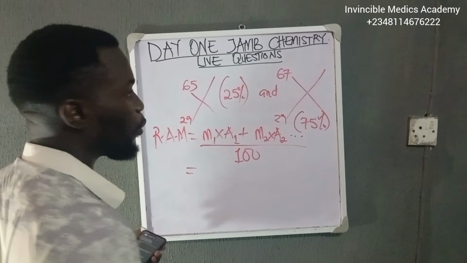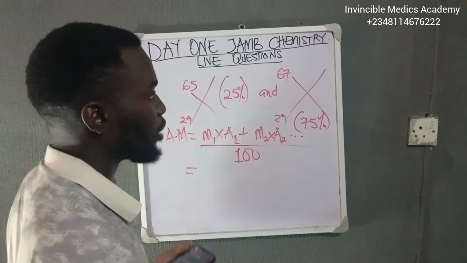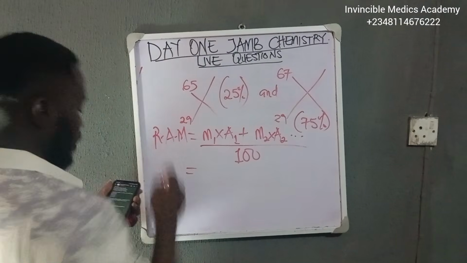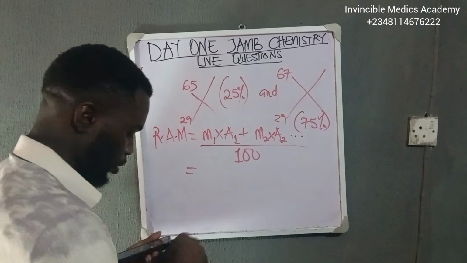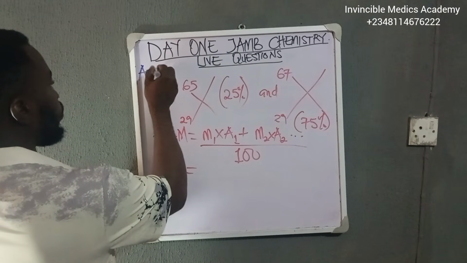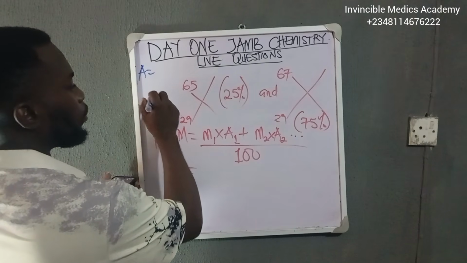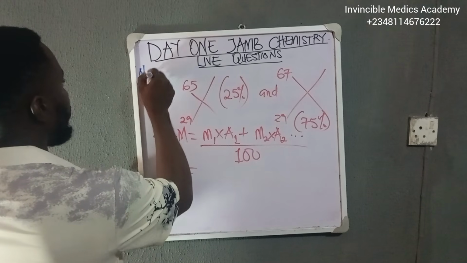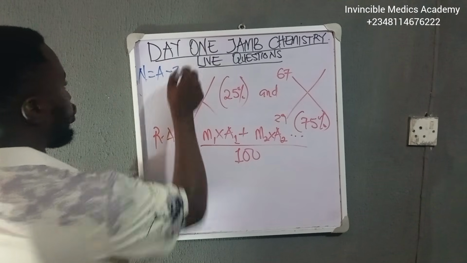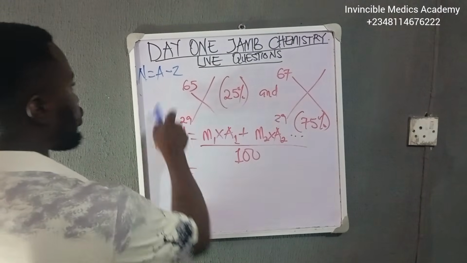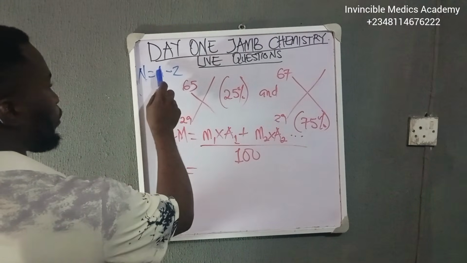Just in case, you might see a question like that. Neutron number is equal to mass number minus proton number. You understand?